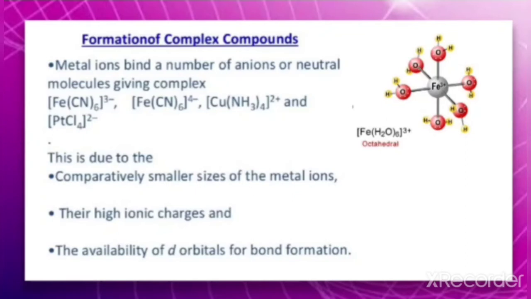That is available in the case of transition metal ions. So we can say that the formation of complex compounds by transition metal ions is due to the comparatively smaller size of metal ions, their high ionic charges, and the availability of vacant d orbitals for bond formation. We will discuss this in more detail in the next chapter, that is coordination compounds.